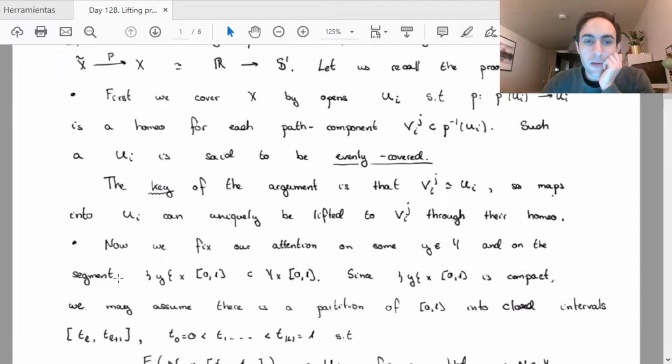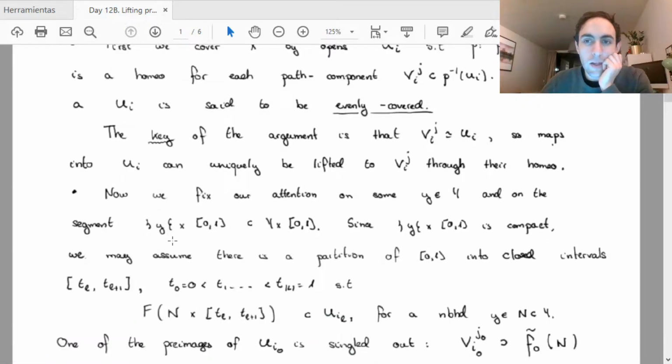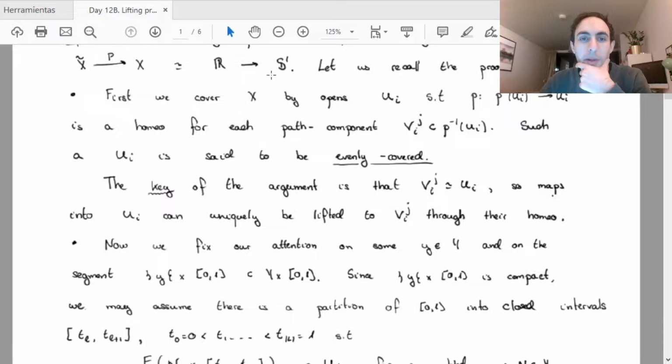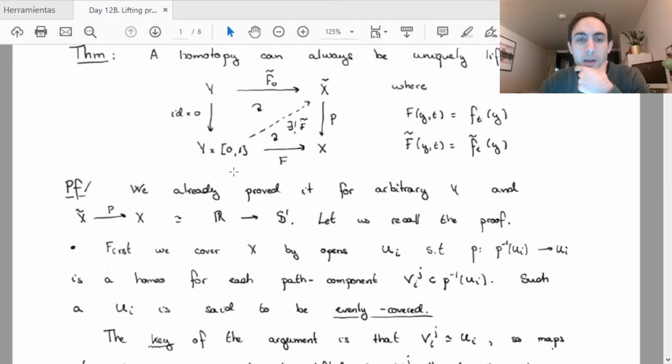Yes, each preimage looks exactly the same as U_i. All right, so now what do we do? The idea of the proof is that we're basically going to mimic what we did for S^1. Like lifting, we know how to lift paths. So let's say big F is basically a family of paths parameterized by y.